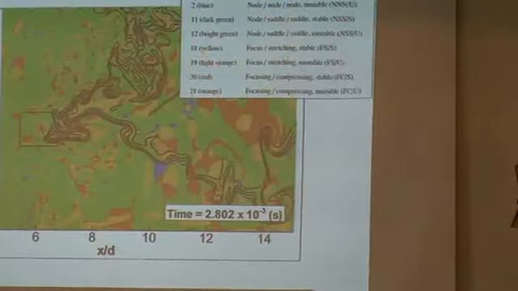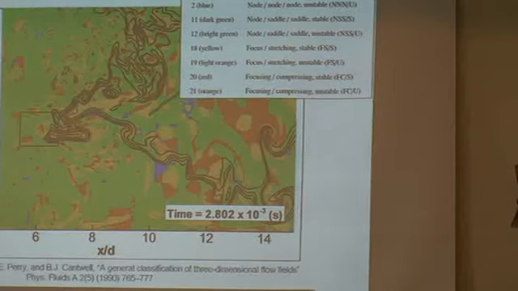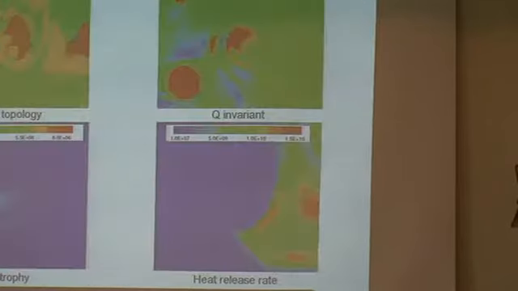So this is the topological classification from Chong and Perry and Cantwell. You can have a look at this if you are interested. What we did is that we tried to look at the details of the vortex shedding regions and correlate these two.